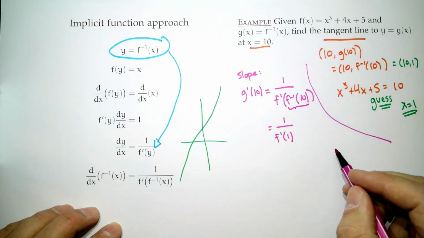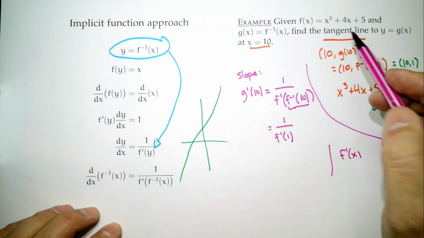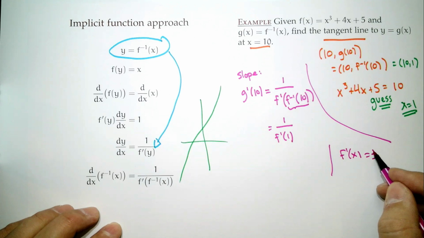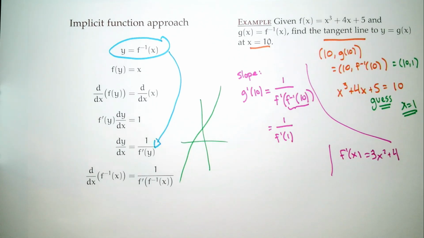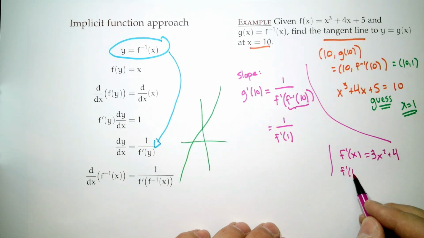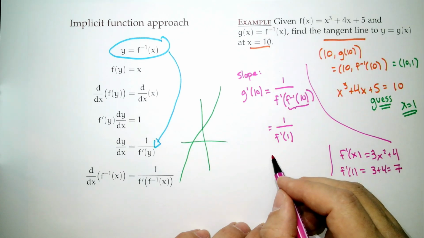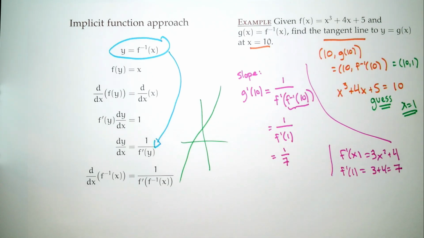Well, let's do a little side work here. What is f prime of x? 3x squared plus 4. So f prime of 1 would be 3 plus 4, which is 7. So g prime at 10 is 1 over f prime of 1, so that's 1 over 7.